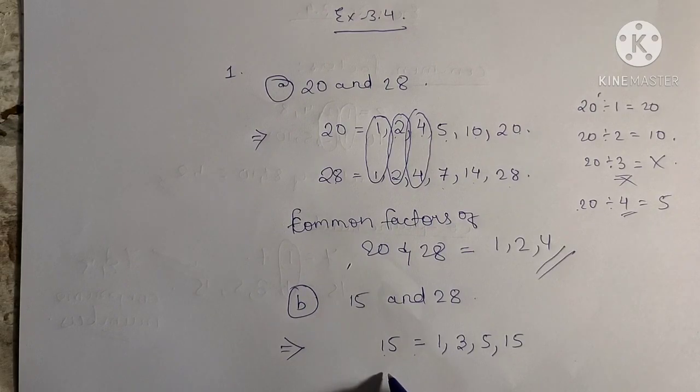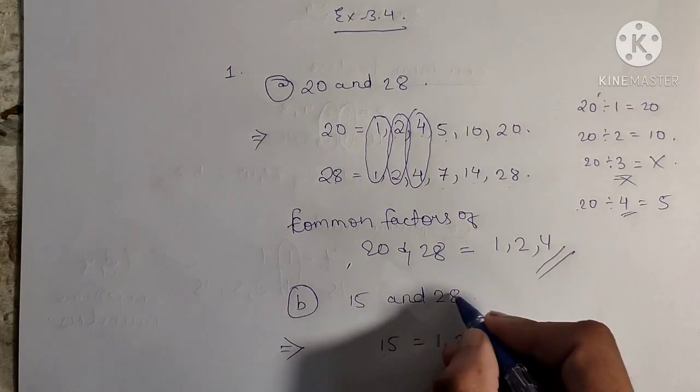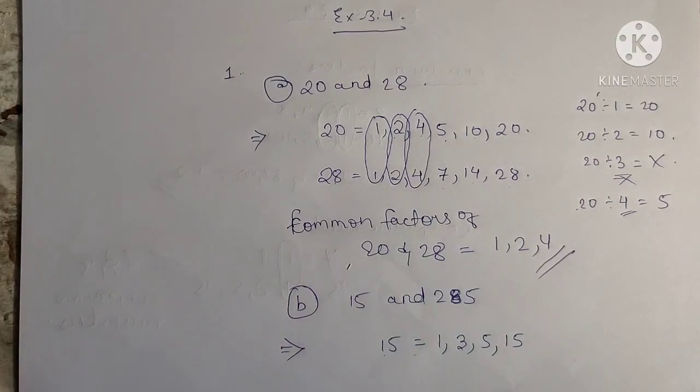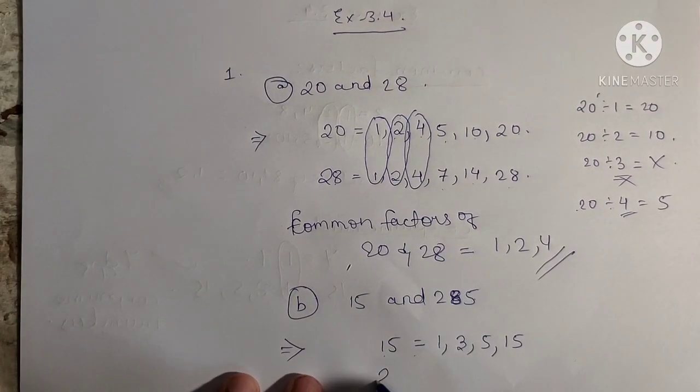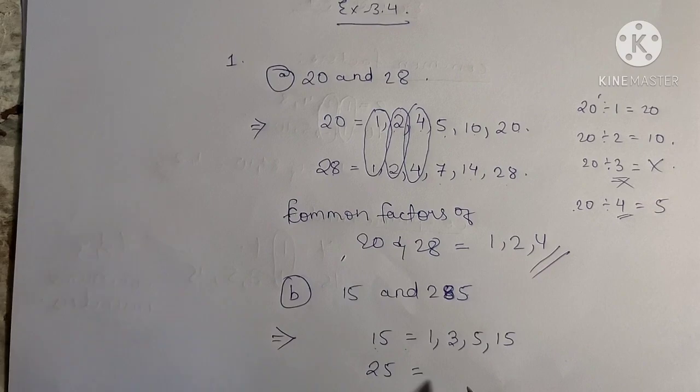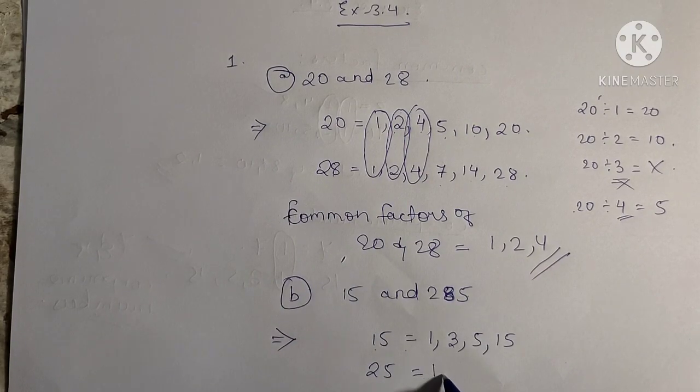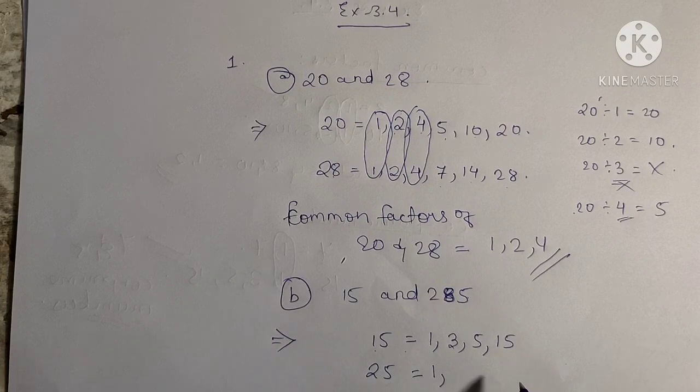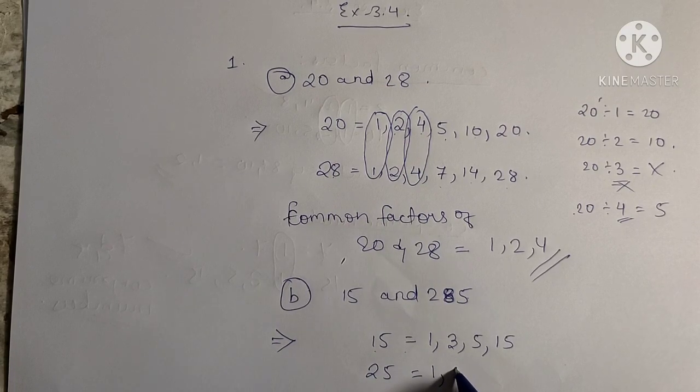Next, the factors of 25. 1 will always divide any number. 2, 3 and 4 will not divide 25. Next is 5, and the last one is 25.